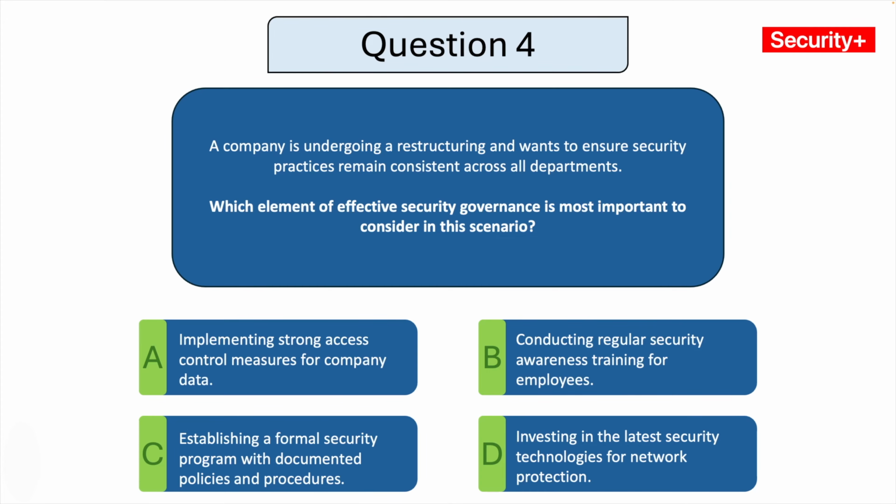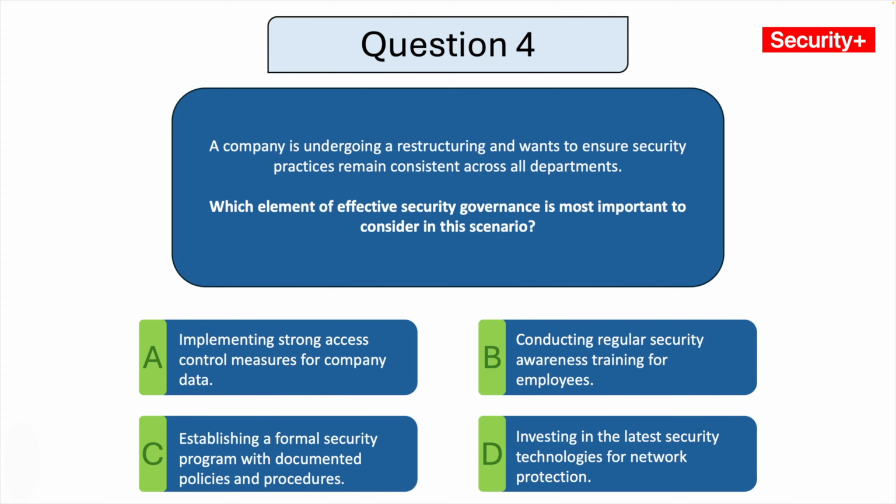All right, I would say this is a bit of a tricky one. The key here, though, is where it says across all departments and also security governance. Out of the possible answers, only one has to do with security governance and also across all departments, and that would be C, establishing a formal security program with documented policies and procedures.